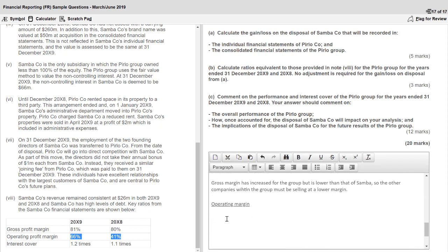So my operating profit margin has fallen for the group.